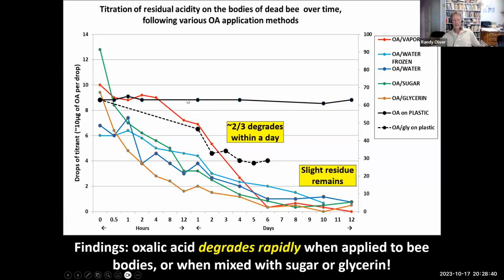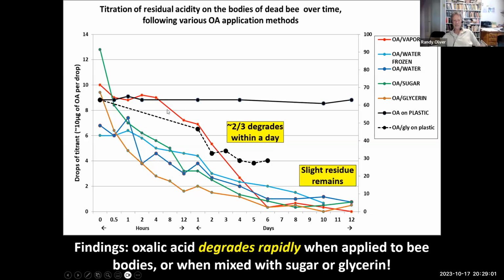I found that oxalic acid degrades very rapidly as soon as it touches an organic substance. If you drop it on a glass or plastic cover slip, it doesn't degrade over time at all. So here's your first hour by hour for the first 12 hours. Then here's 1 day, then 2 days up to 12 days. So no degradation if it doesn't touch organic.